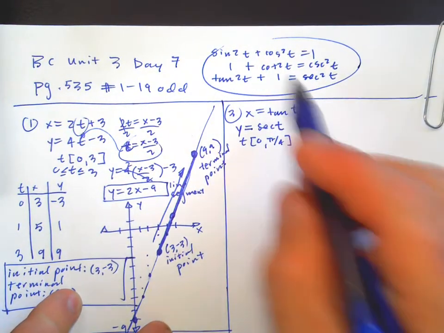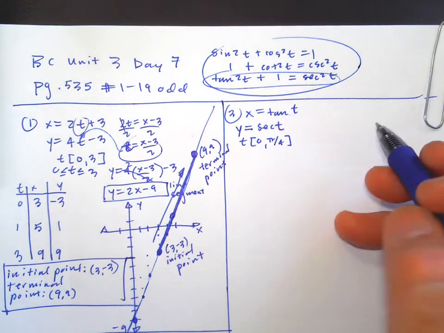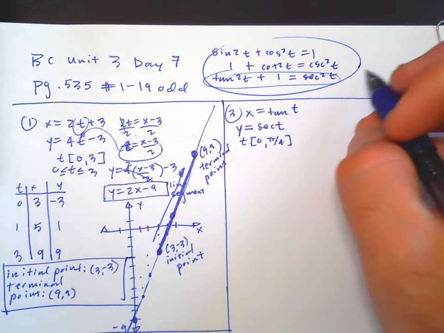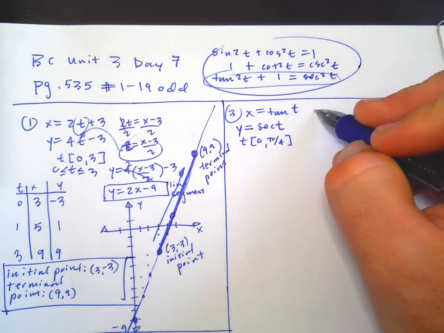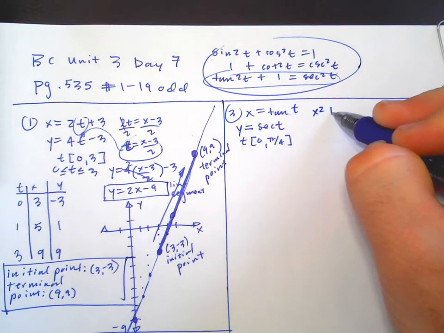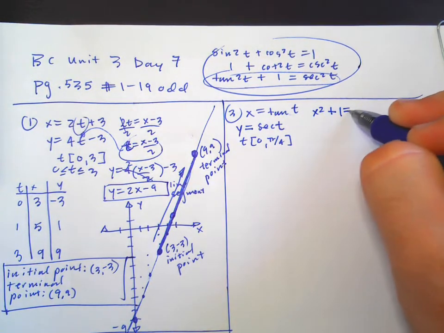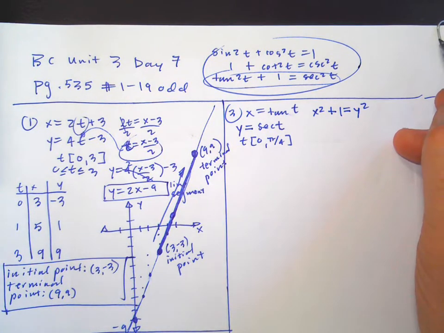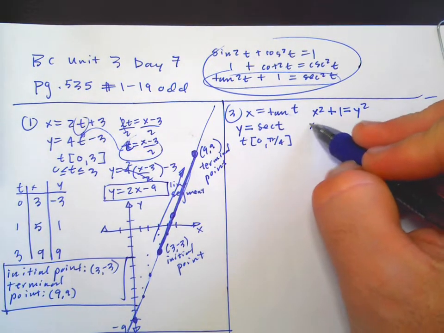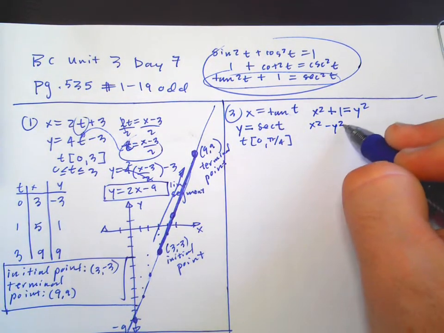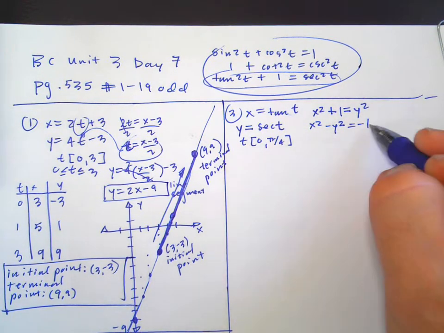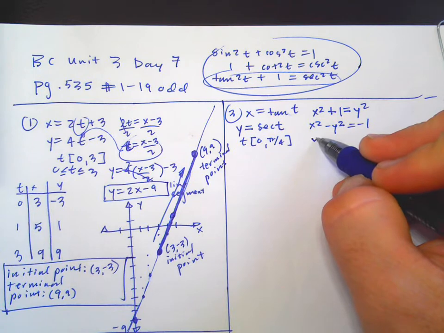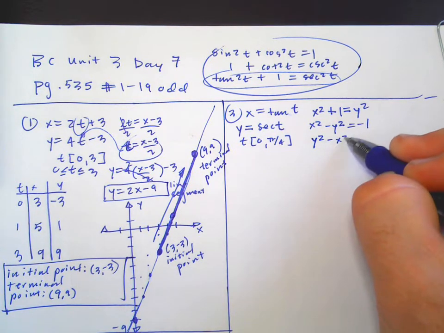So we're going to use this one on this problem. Tangent is just x, so that's going to be x squared plus 1 equals y squared. Now, if we get the y squared on the same side, move this over here, that's a hyperbola, but we're going to want to divide everything by negative 1 to get that as a positive 1.